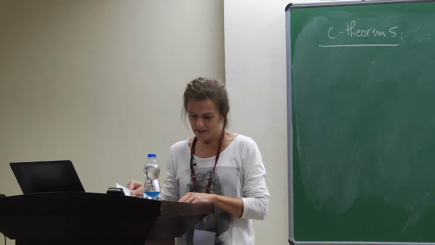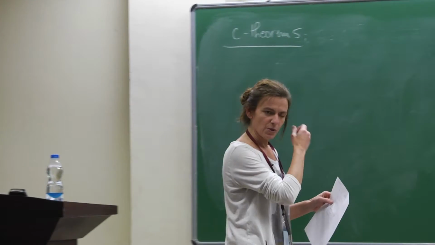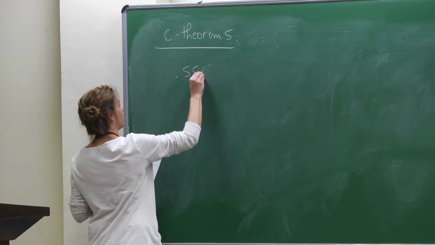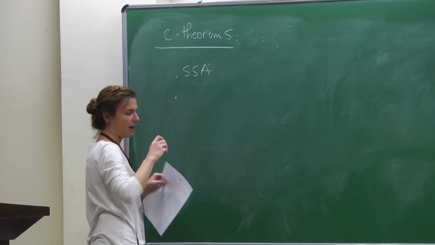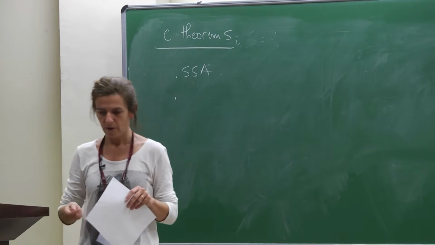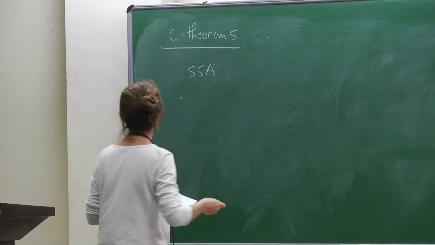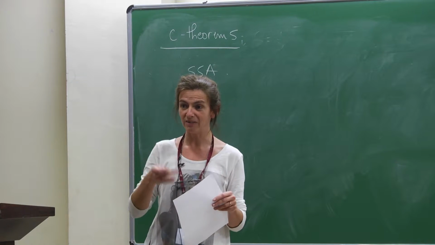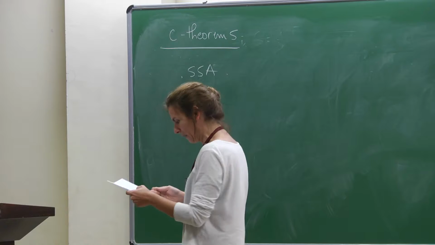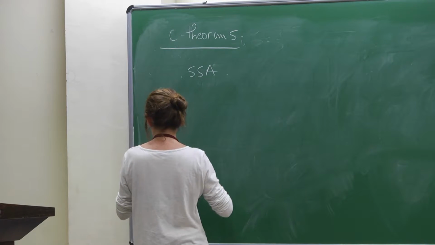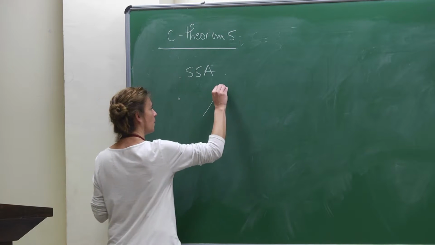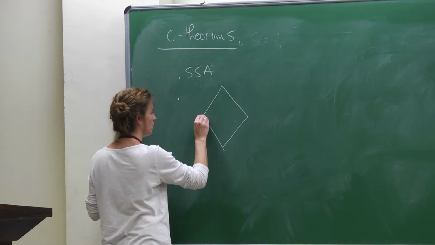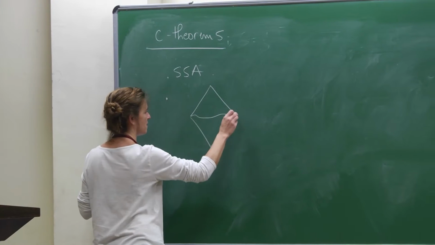The ingredients we are going to use are strong subadditivity, and a property of the entropy, for geometric entropy in the sense that, suppose you have a region, this is a Cauchy surface, okay?